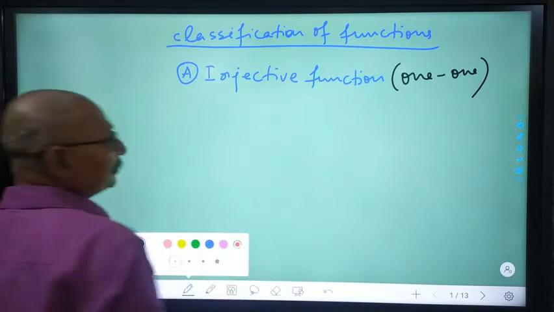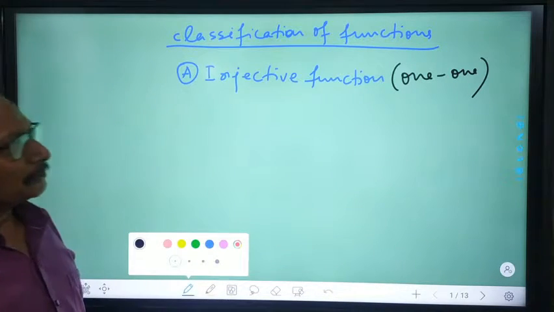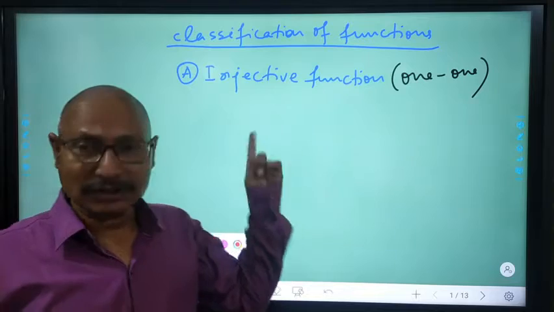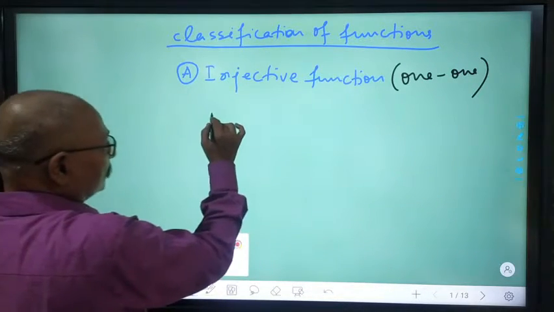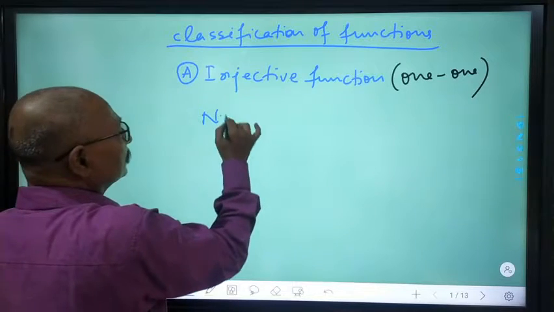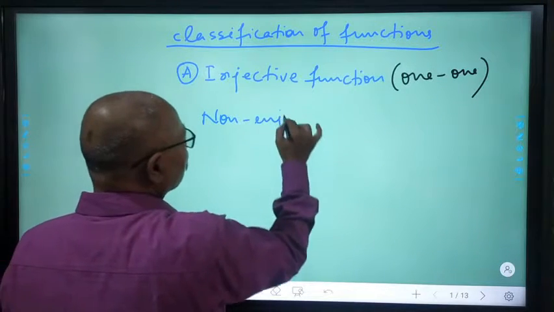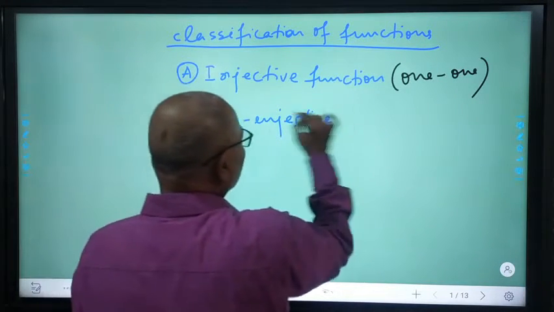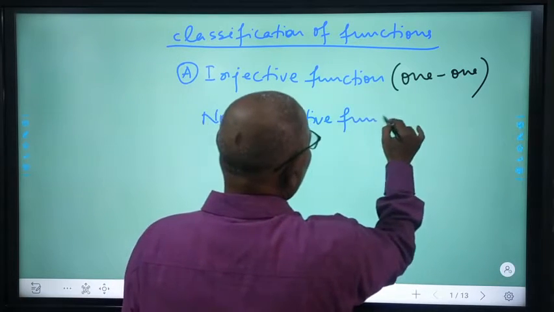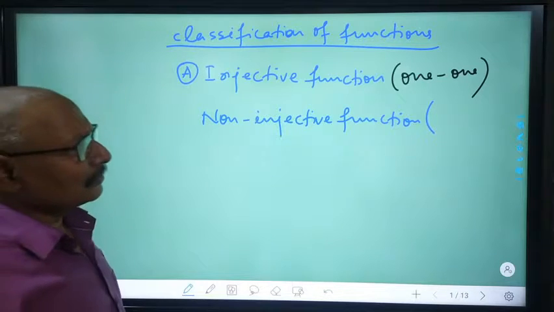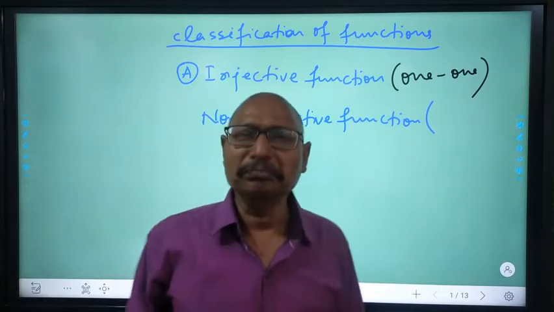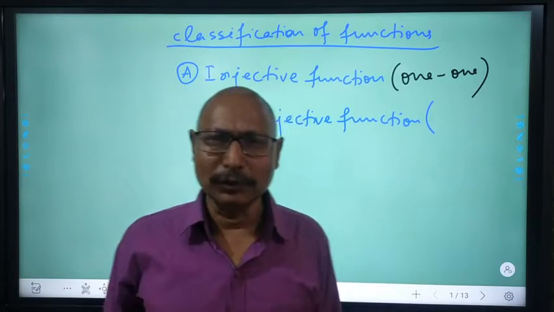But nowadays, in place of one-one function, we are using injective function, and those functions which are not injective are called non-injective functions. And these non-injective functions are traditionally known as many-one or many-to-one functions.